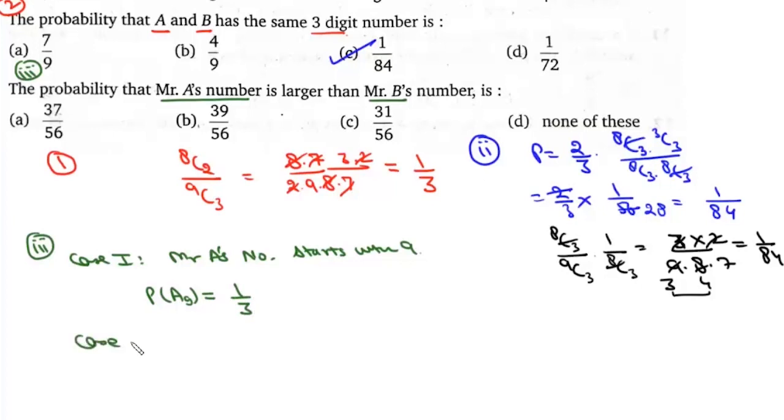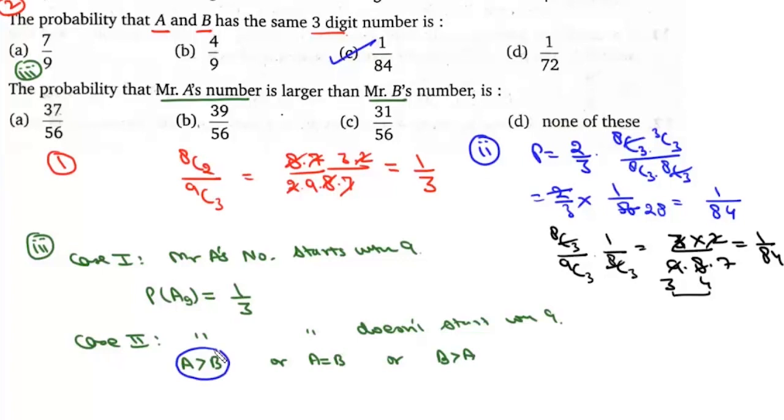Now if we consider the second case, when Mr. A's number doesn't start with 9, here we have three cases. Either A's number will be greater than B's number, or both of them choose the same number, or B's number will be greater than A's number. From symmetry we can say that the number of elements in the first case will be the same as the number of elements in the last case.